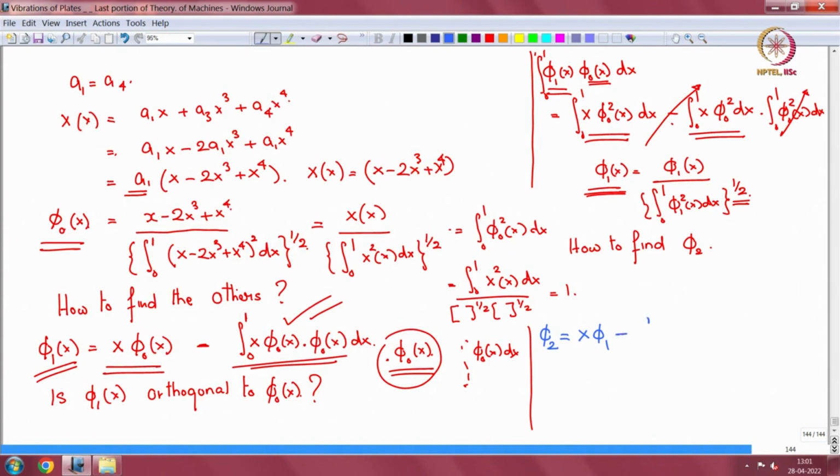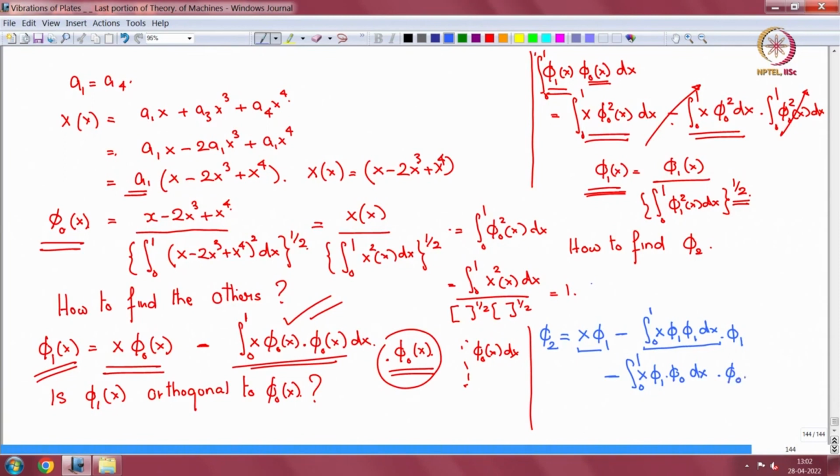So, minus integral 0 to 1 x phi 1, the component of phi 1 in it, multiplied by phi 1 dx into phi 1. This much component of phi 1 is taken out, removed. Then I remove integral 0 to 1 x phi 1 and the component of phi 0 in it, dx. This is the dot product in terms of function, and that much component of phi 0 is taken out.